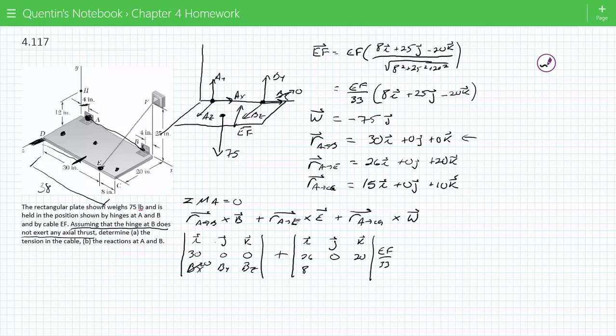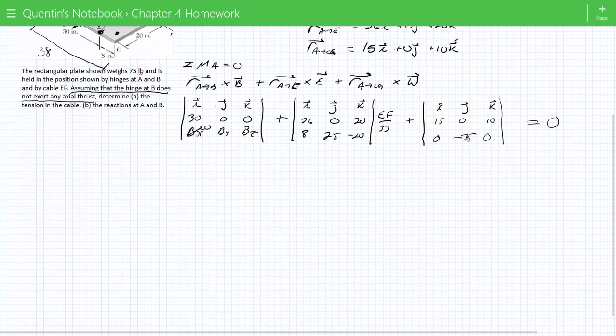And it's 8, 25, minus 20. And then all that plus our next determinant I, J, K. The R from A to the CG is 15, 0, 10. Again, that's where it's wrong in the solutions. And that is going to be 0, minus 75, 0. This is equal to 0, right? This is the equation: the sum of moments is equal to 0.